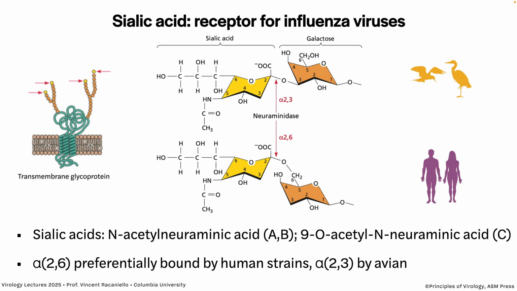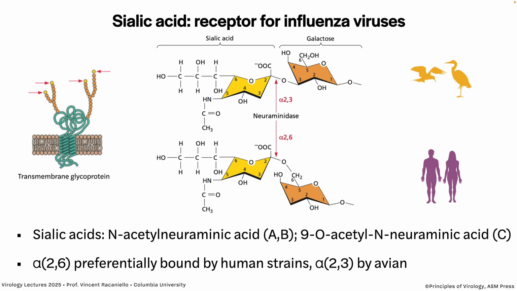And so here on the bottom, so sialic acid in both is the yellow molecule. So there's your 6-carbon ring. And so this is sialic acid. And then this is the next sugar in the chain. It happens to be galactose.